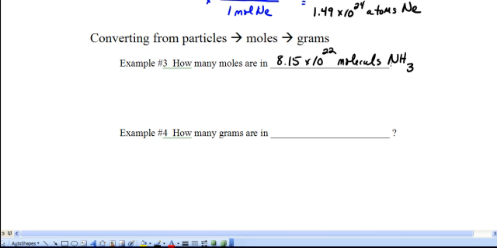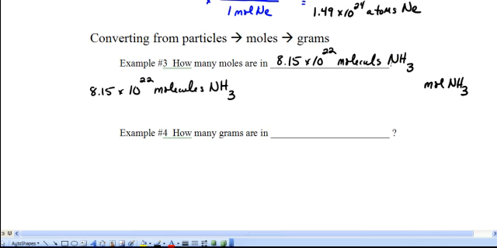So again, the strategy is to write whatever you're starting with, 8.15 times 10 to the 22nd molecules of NH3, and we're trying to get to moles, and I like to put moles in whatever I'm looking for all the way over on the far side just so I can keep an eye on it.